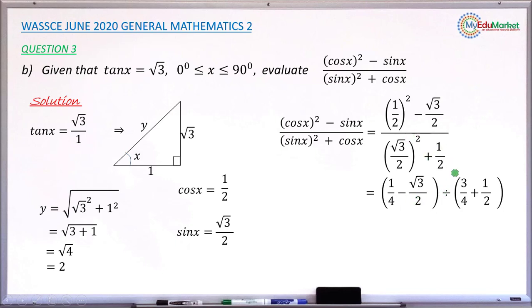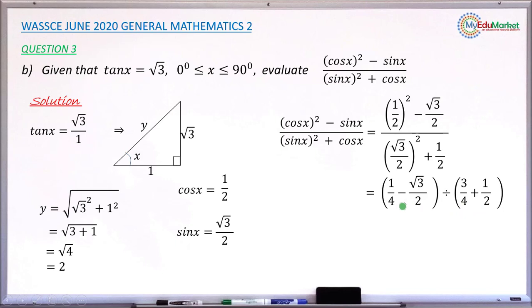In my denominator, root 3 all over 2 whole squared becomes 3 over 4. That is root 3 squared gives 3 on top, and 2 squared gives 4. Copy that, plus 1 over 2. This will be my denominator. So I'm dividing the numerator by the denominator.